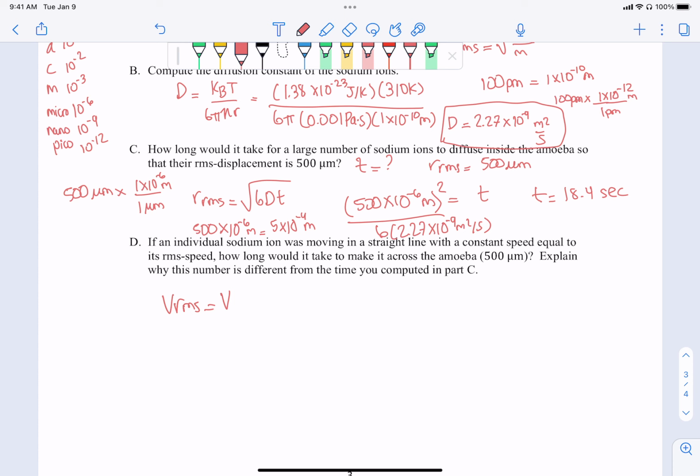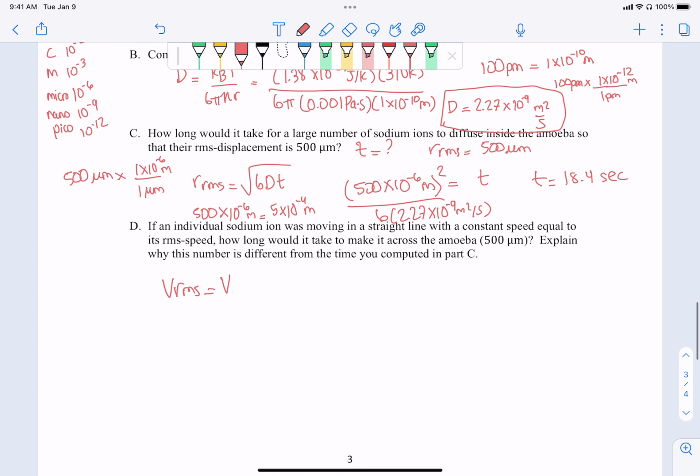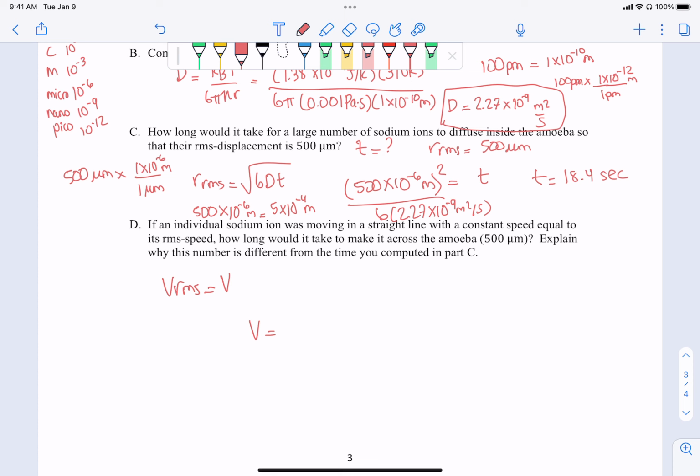They're also asking us to find out how long it would take to make it across 500 micrometers. Well, basically, what does speed equal? What is the definition of speed? Yeah, meters per second, distance over time. So I can say displacement over time.